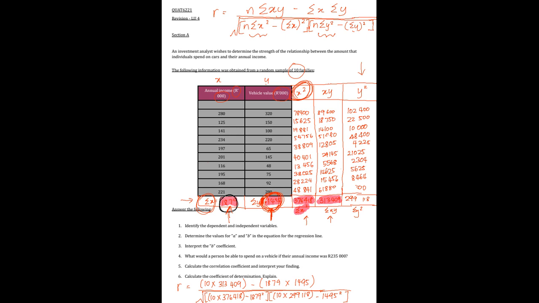So when you calculate this value and you put it into your calculators, just in case you're having a difficult time with entering it onto the calculator, you're going to press that button that has the fraction sign like this. Then you're going to start at the top. So at the top, exactly as you can see it in this formula, you'll put in a bracket and say 10 times 313409, and then close your bracket, minus, open your bracket, and it'll be 1879 times 1495.